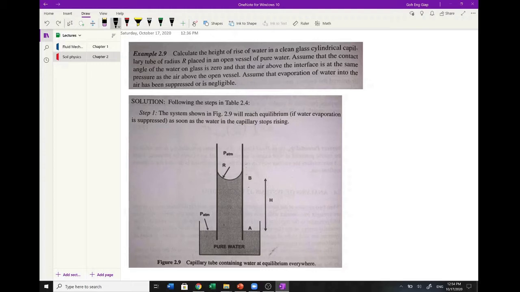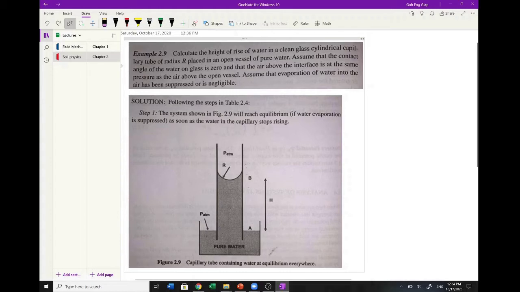So here is a, let me see. Okay, so here is an open vessel, and here is the air above the interface. Okay, so in this question we assume that the evaporation of water in the air has been suppressed or is negligible.